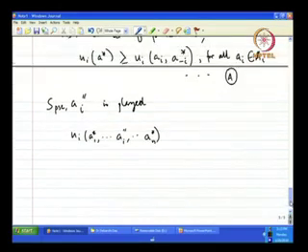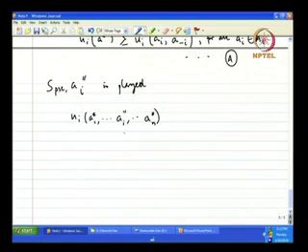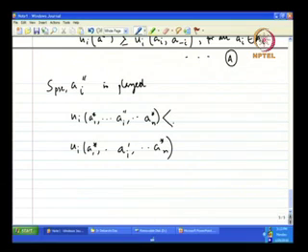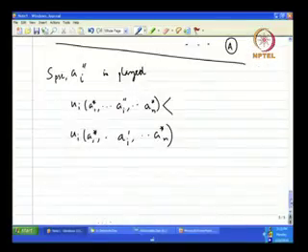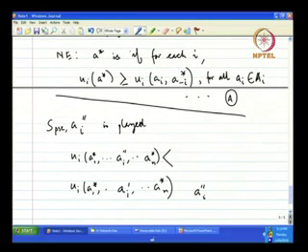Now, if this is what he gets, suppose he now switches over to a_i', that is the dominating action. Now, I know that this must be true by the definition of dominating action, which means that this condition is going to be violated if I consider that a_i'' is equal to a_i*.